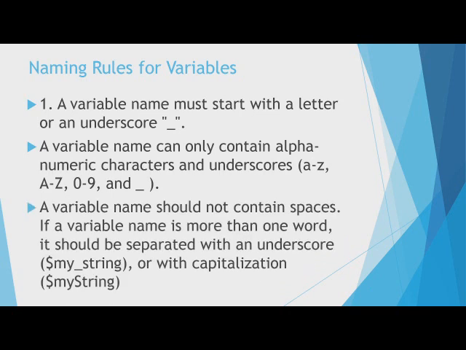And number 3, a variable name should not contain spaces. So kung ang variable name is more than one word, it should be separated with an underscore. Example, we have the $sign my_string, or with capitalization, $sign myString. Okay? So yan ang mga rules for naming a variable.